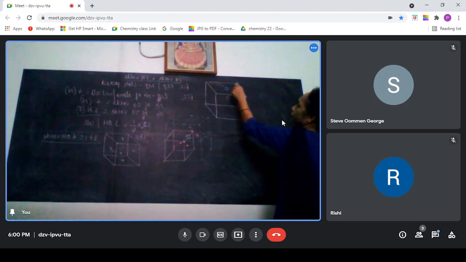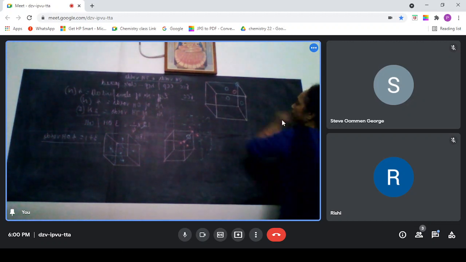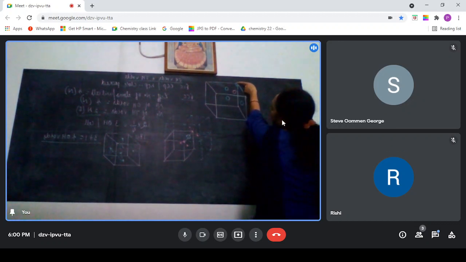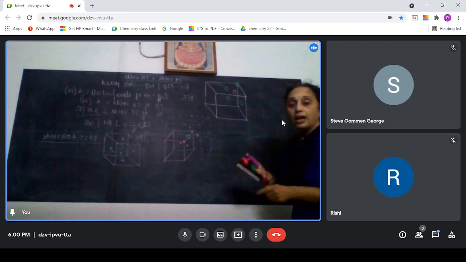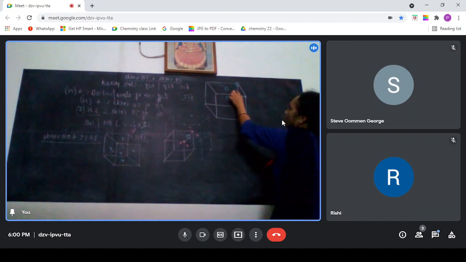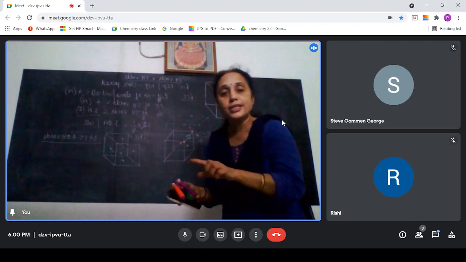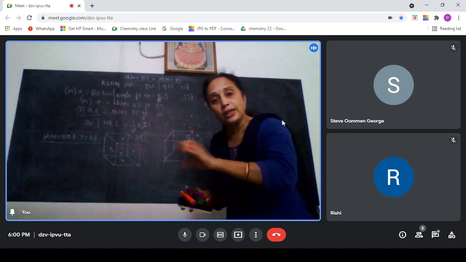So you will have 4 particles here, and you will have one tetrahedral void here. This particle touches the adjacent 3 face center particles, and inside those 4 spheres you will have one tetrahedral void. All the tetrahedral voids will be inside the cell, so they contribute completely to that cell.